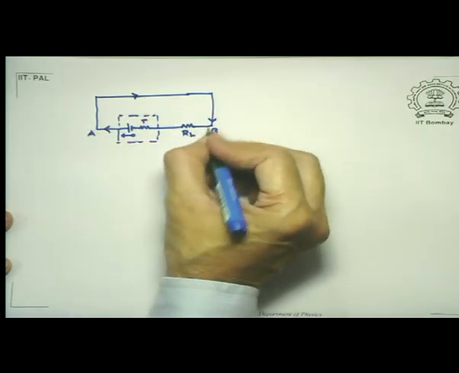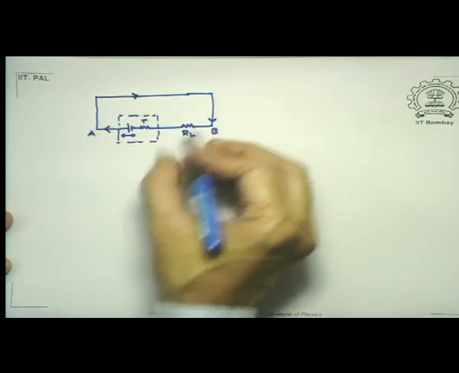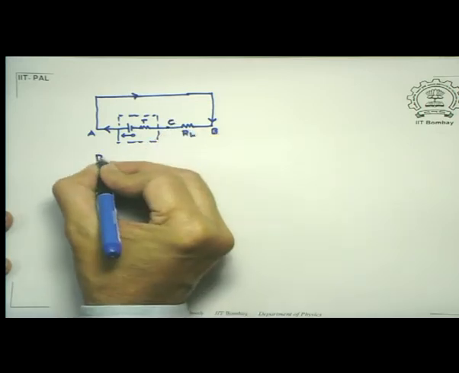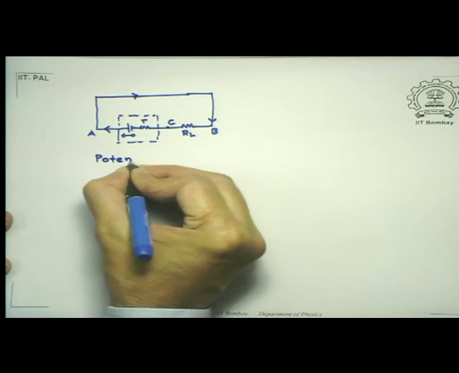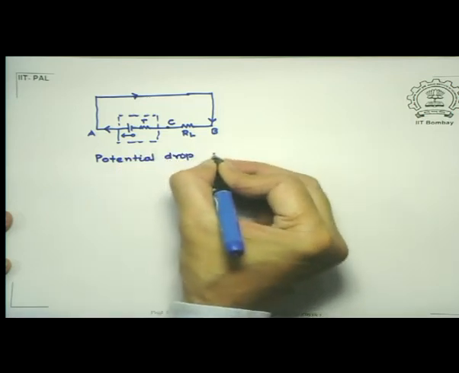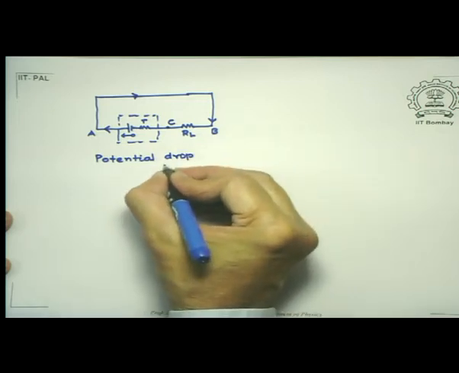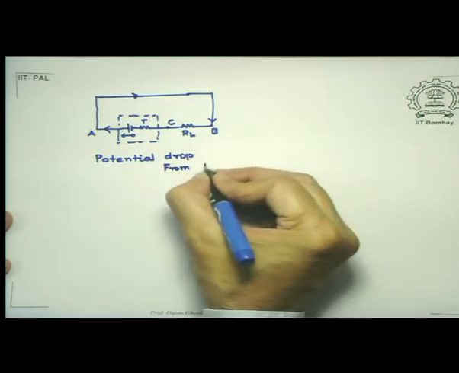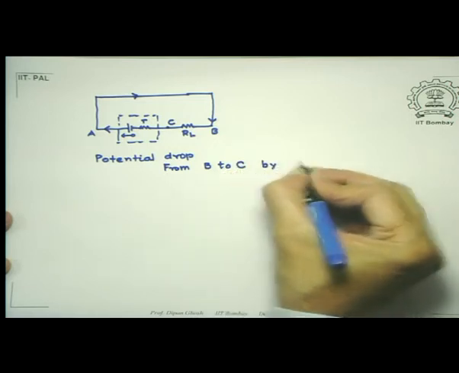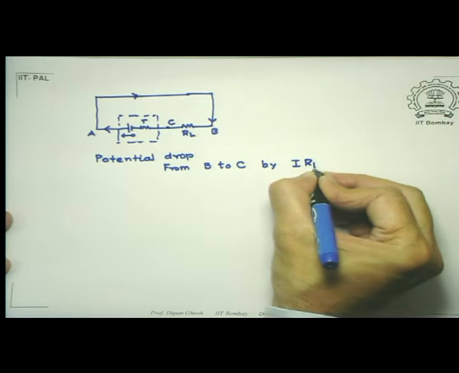But since I am going in the direction of current, in going from B to this point C, let us say, potential would drop from B to C by I times RL, where I is the current in the circuit.